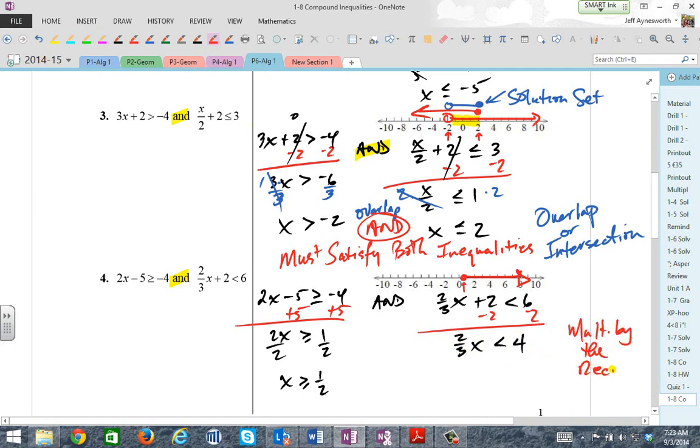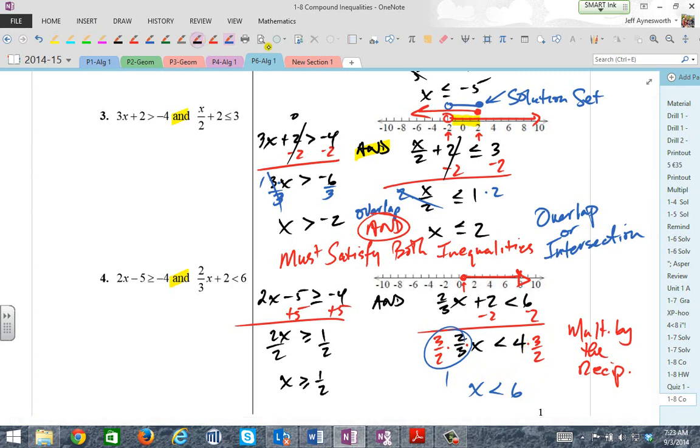That's the fastest way to cancel out a fraction using multiplication. So times 3/2. Remember that whenever you multiply reciprocals, you get 1. And so you get x less than 4 times 3, which is 12, divided by 2 is 6. All right, x less than 6.